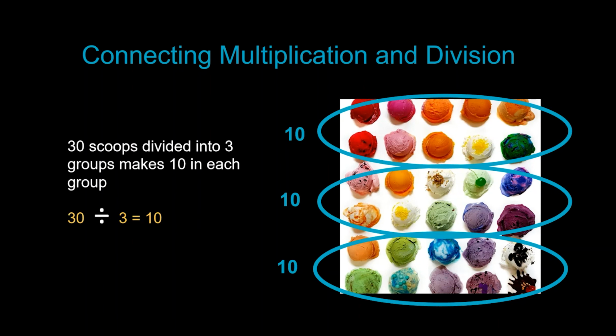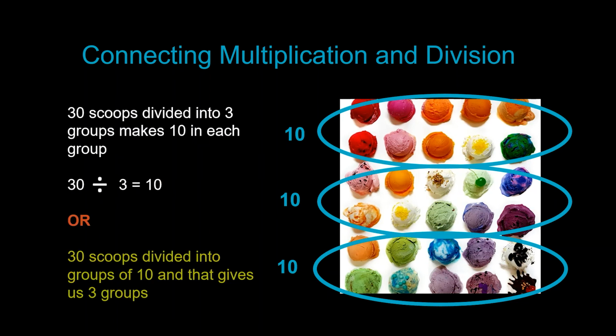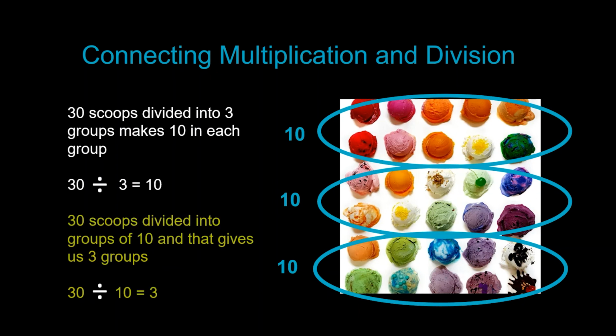So 30 divided by 3 equals 10. Or we could say the 30 scoops are divided into groups of 10, and that gives us 3 groups. So that means 30 divided by 10 equals 3.